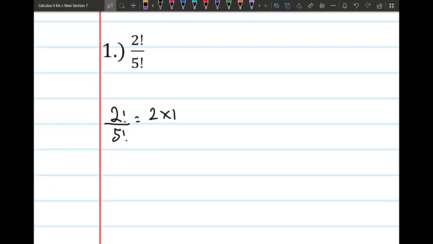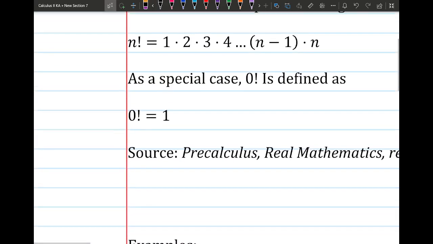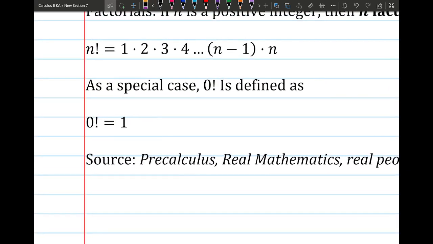So if it's 2 factorial, I go 2 times 1; for 5 factorial, we're going to do 5 times 4 times 3 times 2 times 1. Usually you don't include 1 because it's really not needed. If I say 2 factorial, it's really just 2. As a special case, I forgot to mention, 0 factorial is 1.